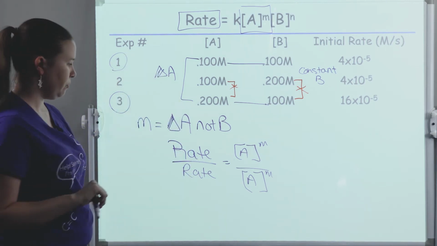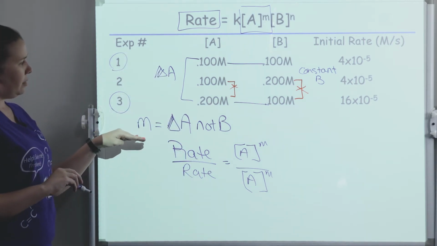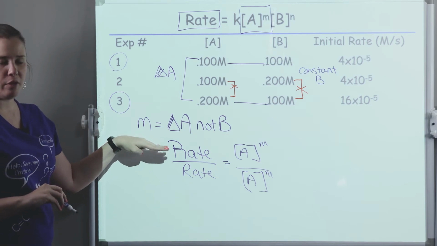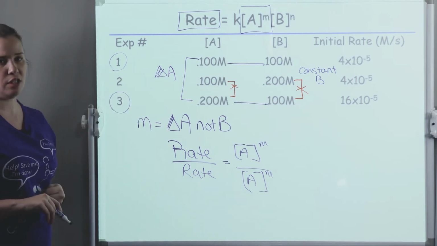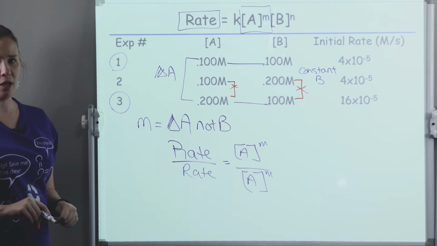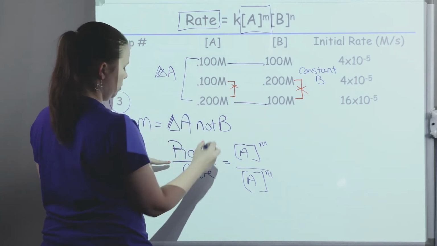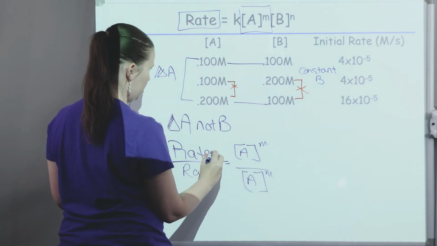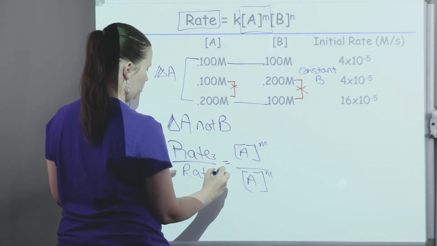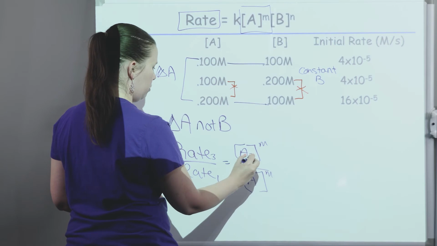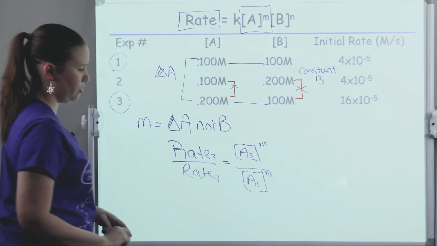That's my X. I need to pick an experiment to put on top, and I would recommend always picking the bigger number. It's just going to make the math a lot easier. If you're good with the calculator, you'll get the right answer either way, but doing it with the big one on top will make sure you have easy math. So this would be the third rate over the first rate, and the third concentration over the first concentration.